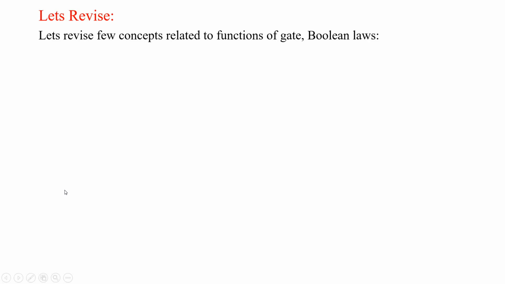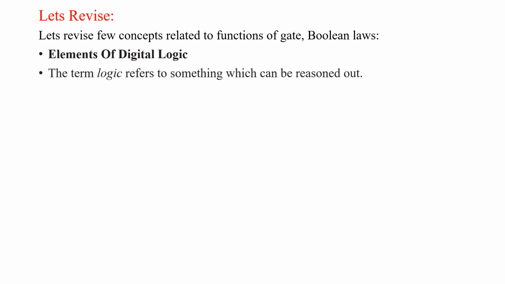Let us revise the basics of what we mean by basic gates and Boolean laws. So what are the elements of digital logic? Logic refers to something which can be reasoned out.